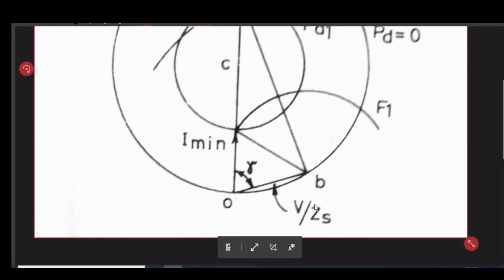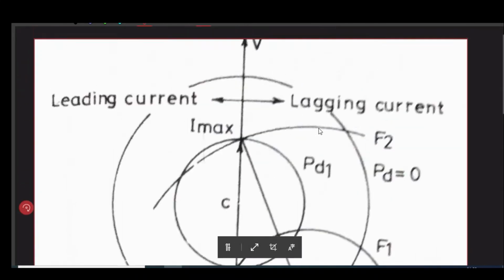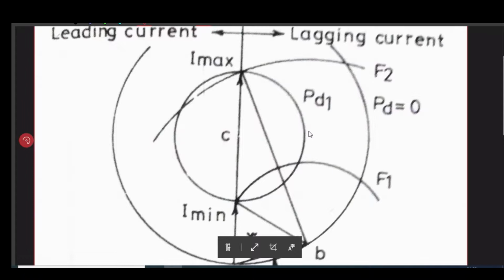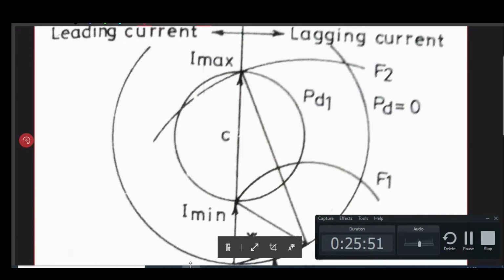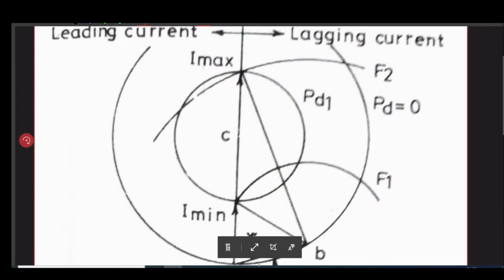Now we are having this current for an excitation value F1, for which we are having power factor equal to unity, and for this also, for two different excitations we are getting two different values of current, for which we are having unity power factor.